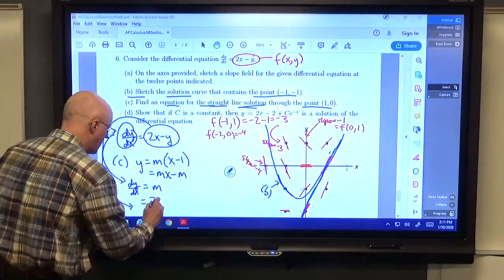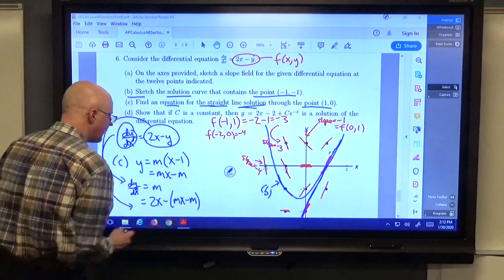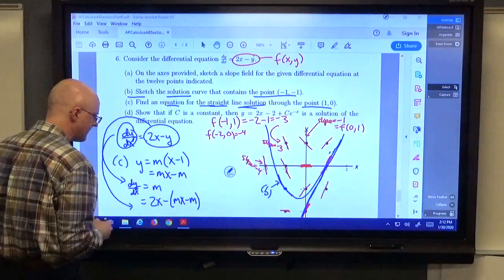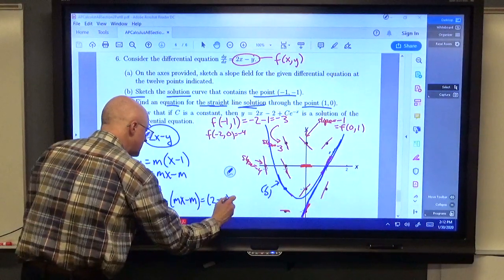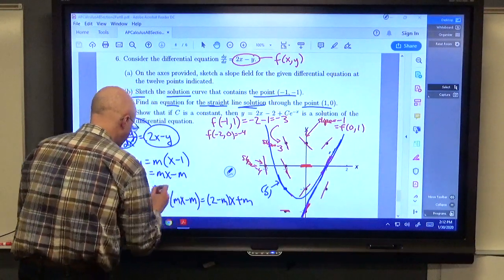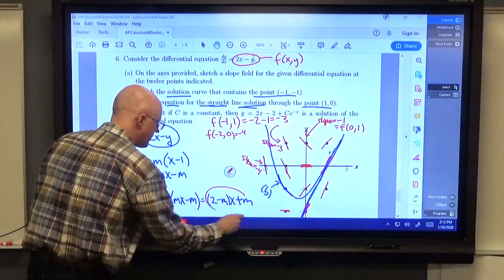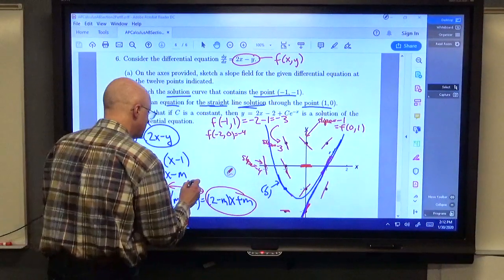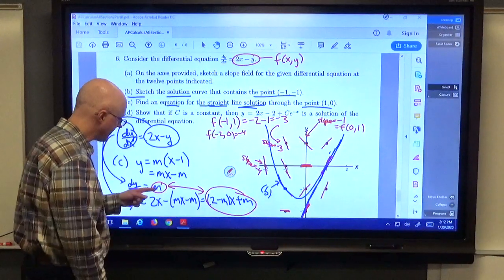What does the right-hand side become when you plug it in? Plug in place of y the function mx minus m. This simplifies to 2 minus m times x plus m. We want this and this to be equal no matter what x is. Equal for all x. And that's going to happen if and only if m is 2. Right? That's a constant function.